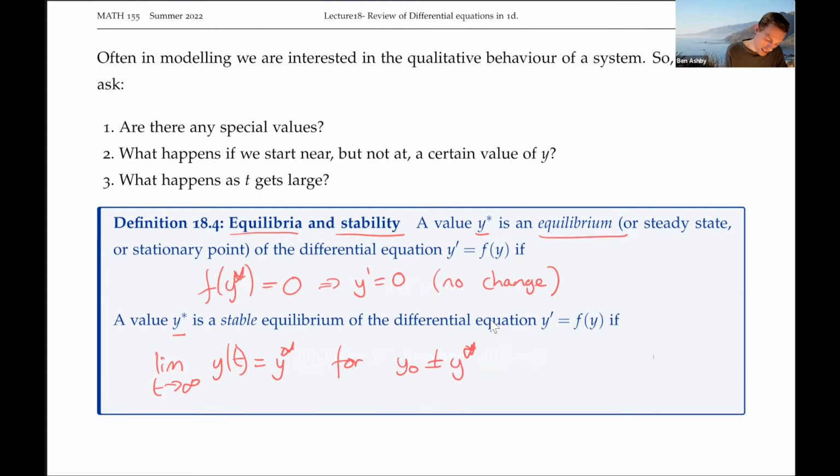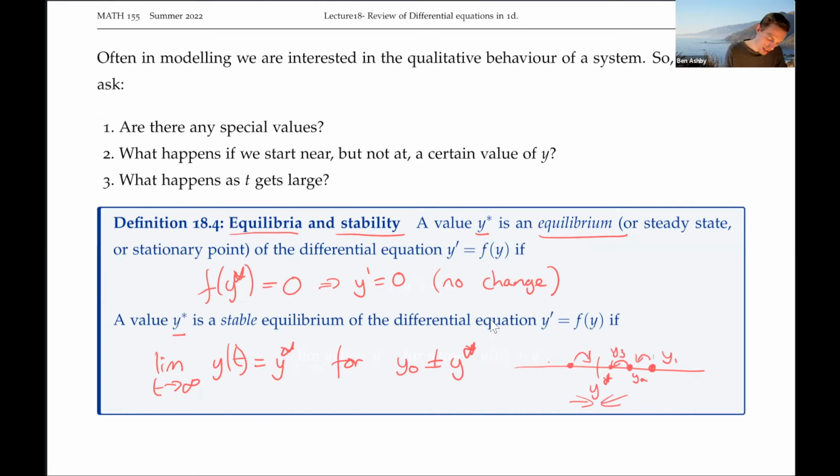What this is saying is if we start at a value close to our y star, so suppose this is our y star here, and this is our y1, well, we want to know whether we're moving towards it. So suppose this here is y2, some other time point, and then we go to y3 and so on. Likewise, if we had started on this side, we would move towards it as well. In this case, if we move towards our y star, then it is a stable equilibrium.